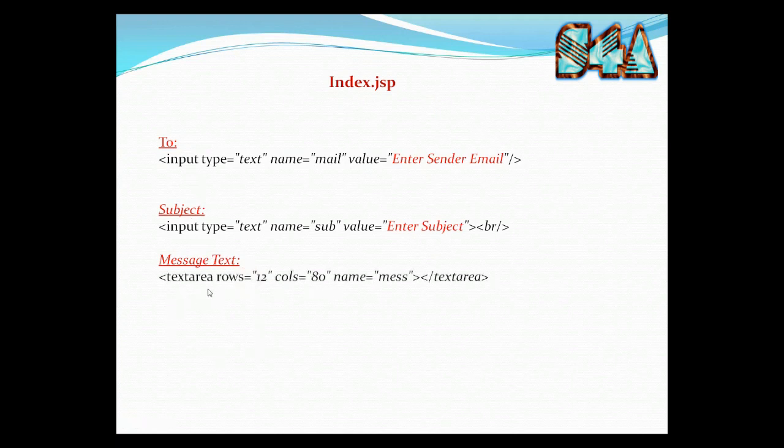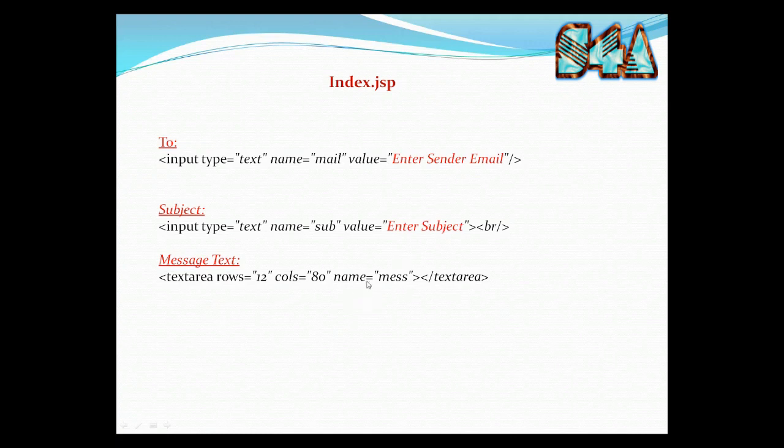Here we take a text area, not a single line, because we write a message of more than one line. Then we define the rows and columns. This is not mandatory, 12 and 18; it depends on you what you write there.